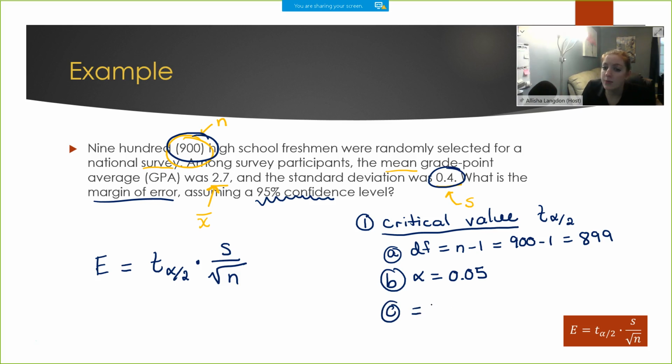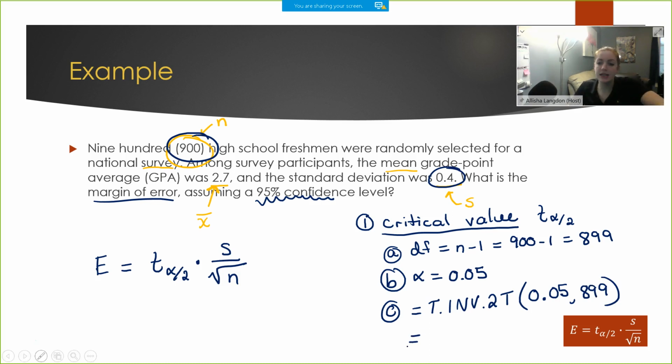So we do the T dot inverse dot 2T. And our alpha goes first. And our degrees of freedom go second. So go ahead and plug that in and let me know what you come up with for your T.